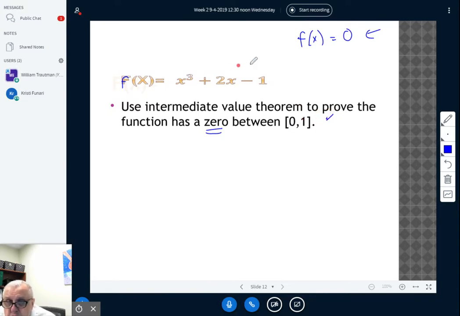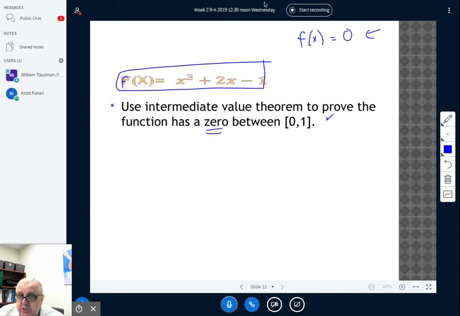So the way to look at this, you can look at a graph at first, but I want to show you how to prove this. Let's look at this graph. Put this graph in your calculator. I'm going to put it in my calculator, and then I'm going to show you how I want you to manually, on paper, show this. x to the third plus 2x minus 1, and I'm going to graph it.